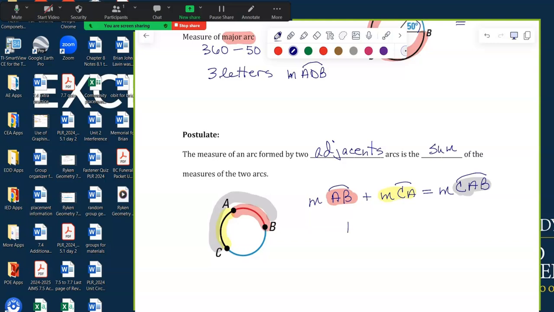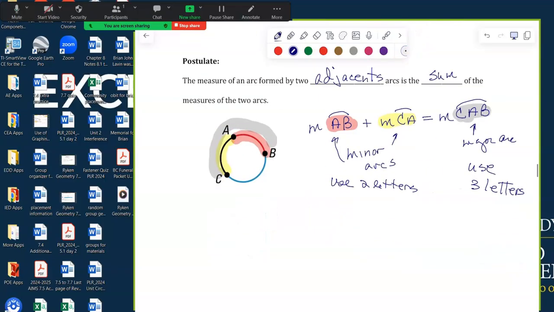Okay, these are going to be minor arcs here and here, and this is going to be a major arc. And I'm going to say use 2 letters. Then I'm going to say use 3 letters. Okay? All right, what else do we have here?